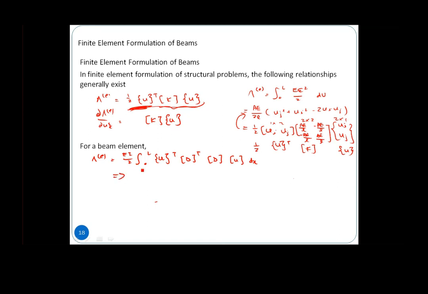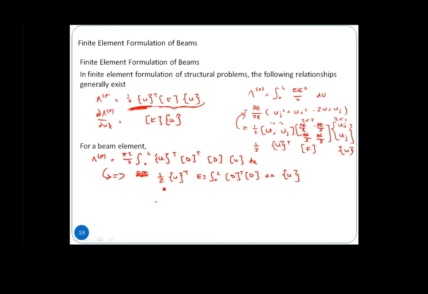If I rewrite it with 1 over 2 U transpose, then we get EI integral from 0 to L of D transpose D dx, U. So I can rearrange this into here.